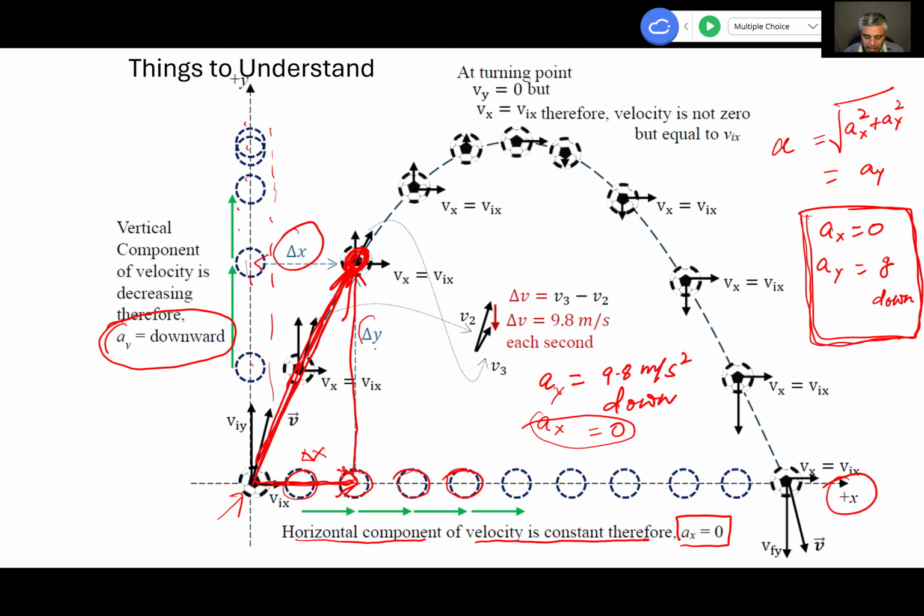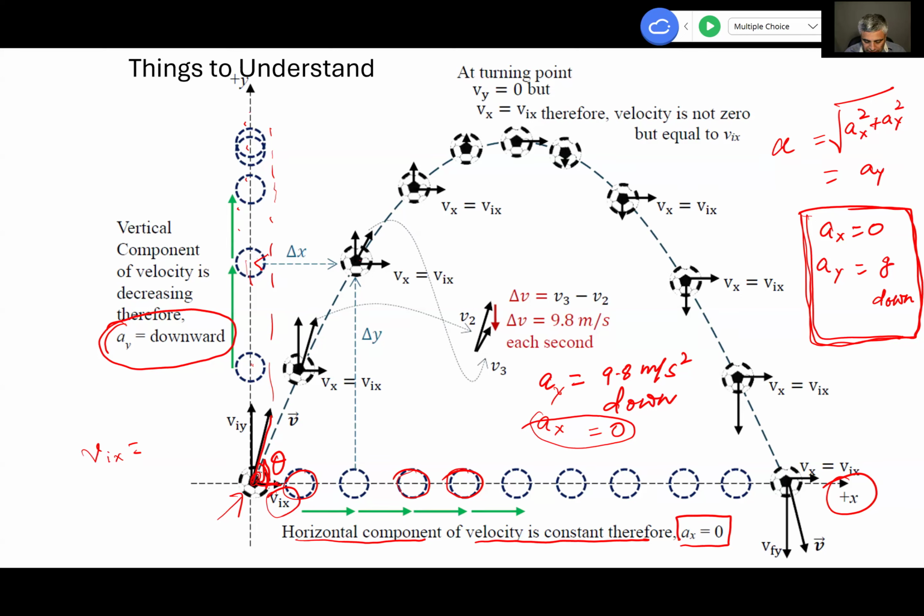Once we have delta x and delta y, we can use the Pythagorean theorem to find the displacement. The same thing goes for velocity. If it is thrown at an angle with respect to, let's say, the x-axis or horizontal direction, then we have initial velocity v_ix.